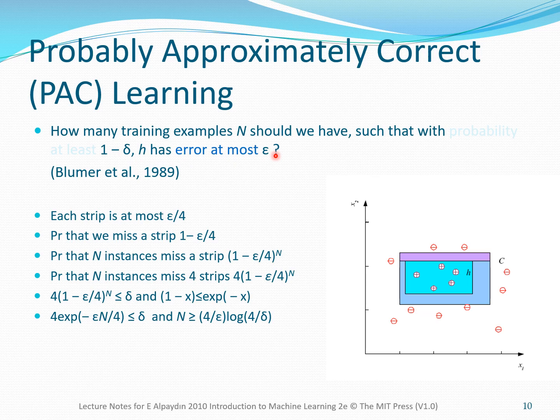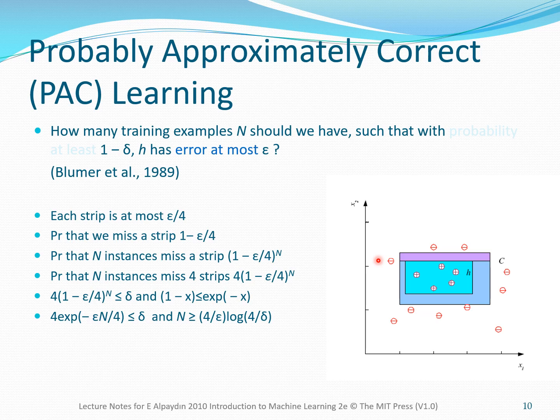In our case, because S is the tightest possible rectangle, the error between h equals S and C is the sum of the 4 rectangular strips as seen in this figure. We would like to make sure that the probability of a positive example falling in here and causing an error is at most epsilon.